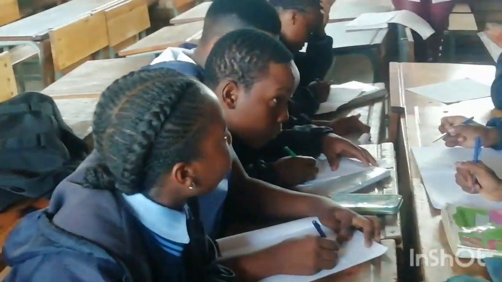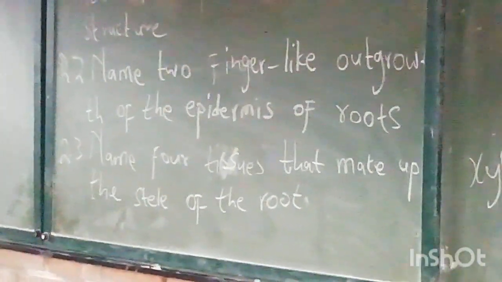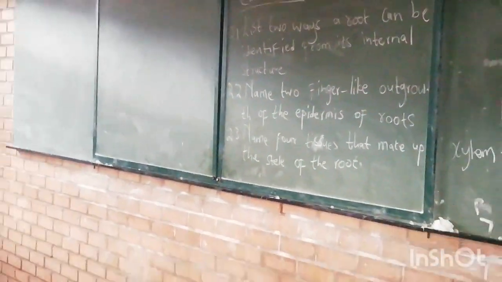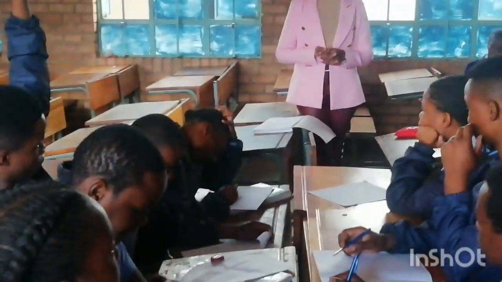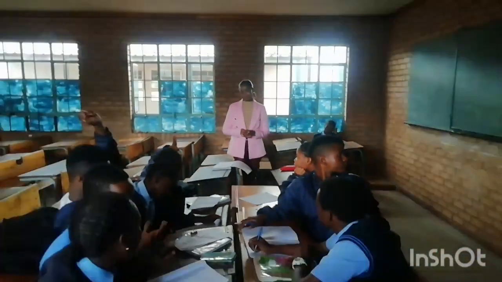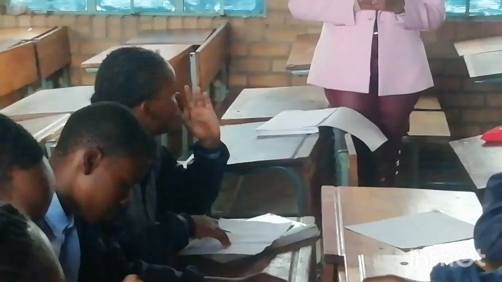Okay, number 3: name 4 tissues that make up the stele of the root. The 4 tissues that make the central part of the root. Pericycle, that's correct.